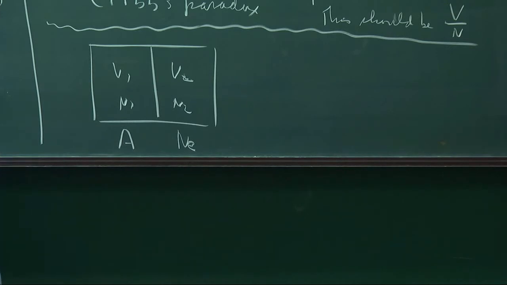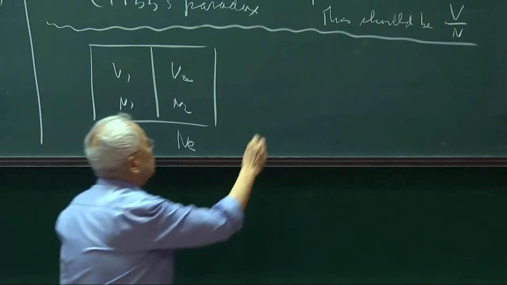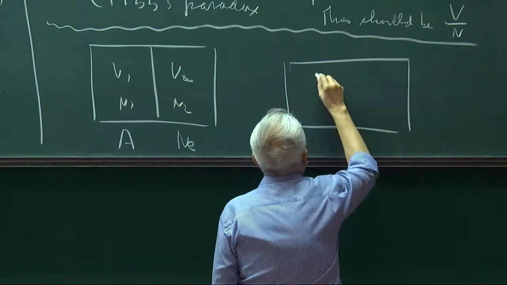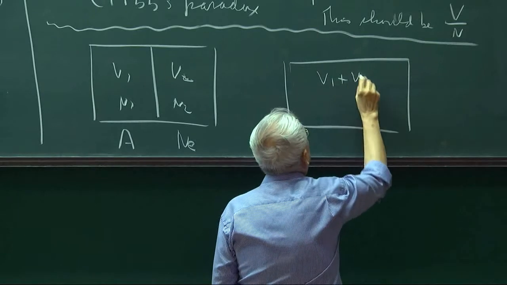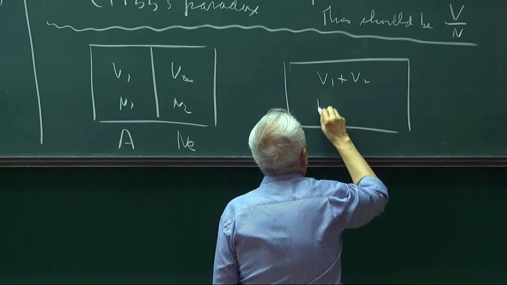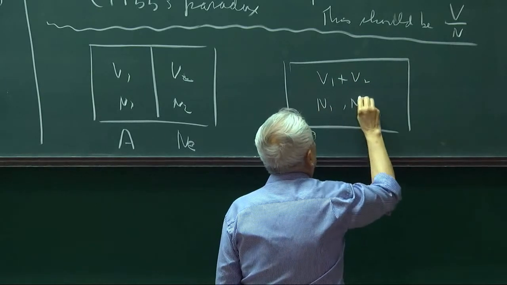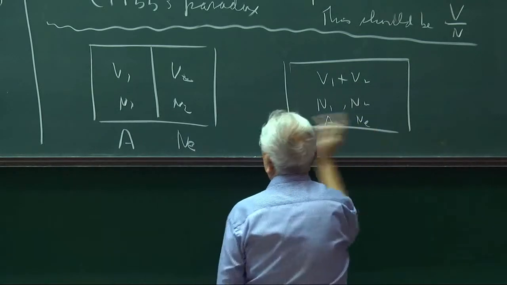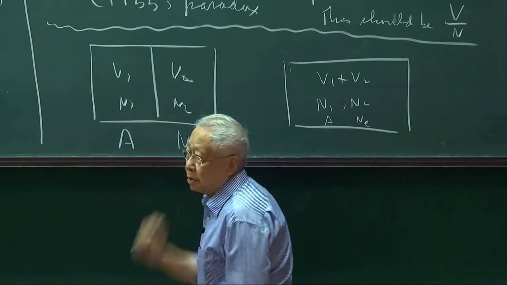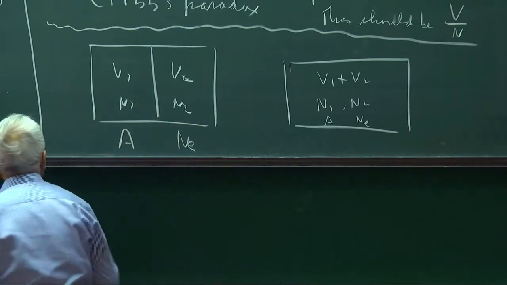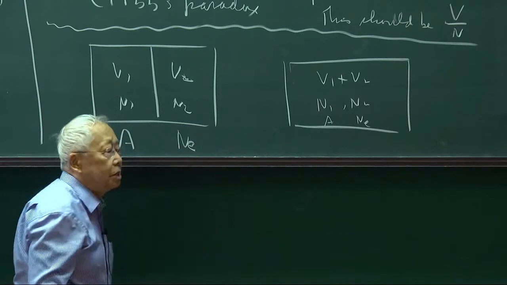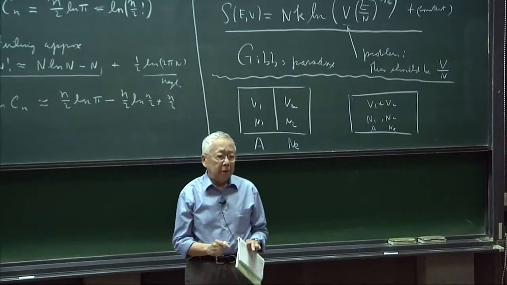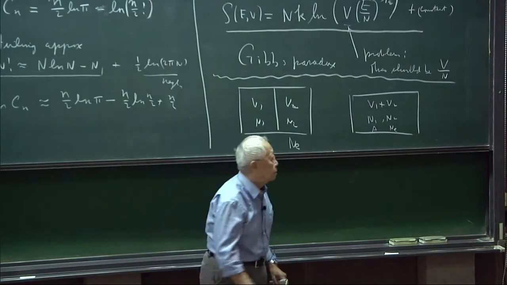Suppose I withdraw the partition. Then the volume is V1 plus V2, and the argon and the neon can now move all over the volume. Before, they were restricted to each volume. So you would expect that the entropy of this side would be bigger than this because they have more room to move in. And the difference in entropy is called the entropy of mixing.